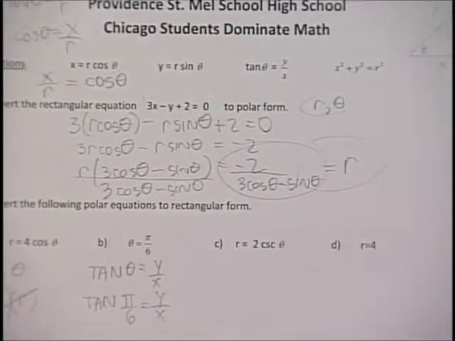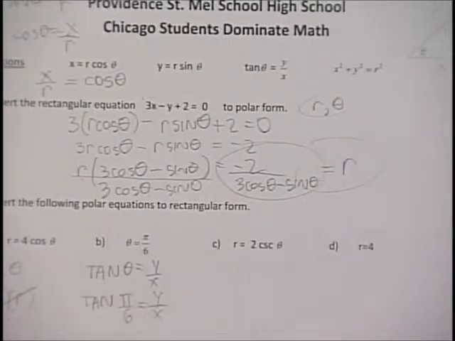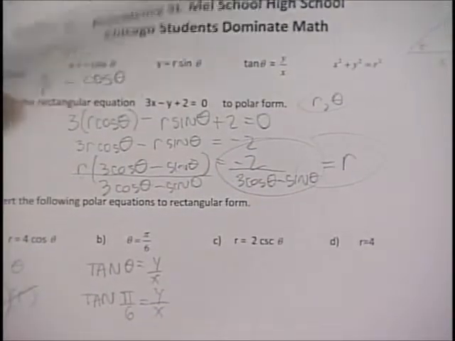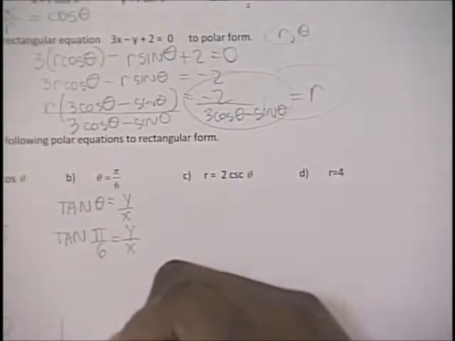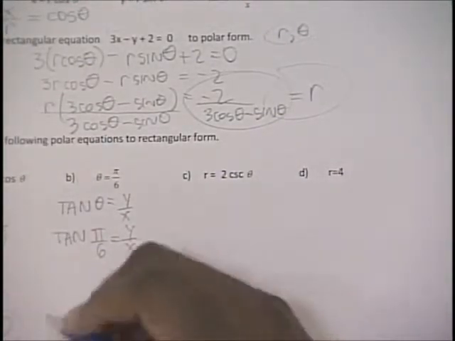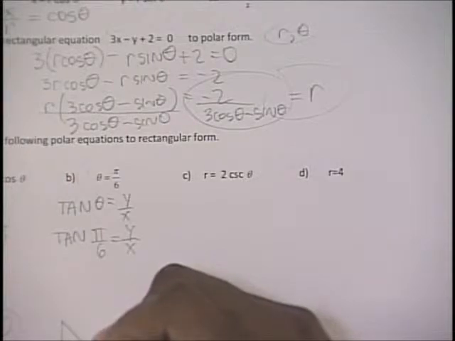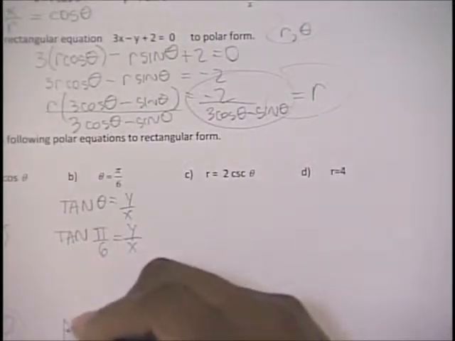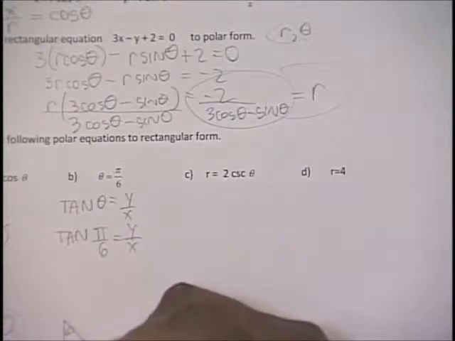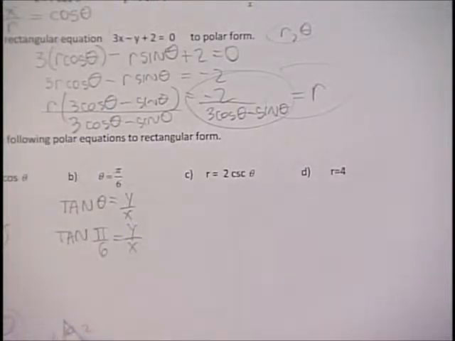Tangent of pi over 6 is something that you should know. If you're watching this and following me, you should be able to go to the special triangle. If you've got a 30-60-90 triangle, you know that the ratios are radical 3, 1, 2.